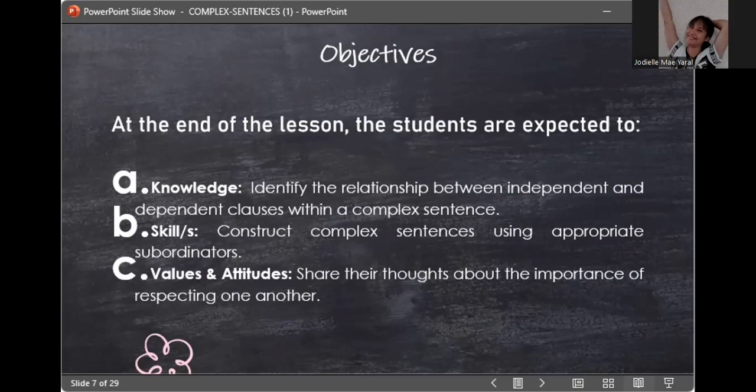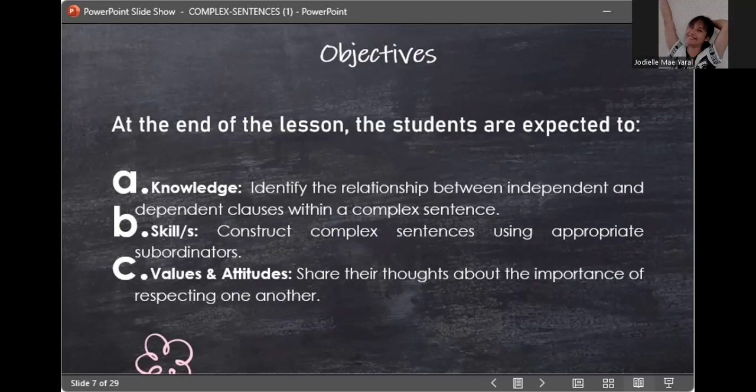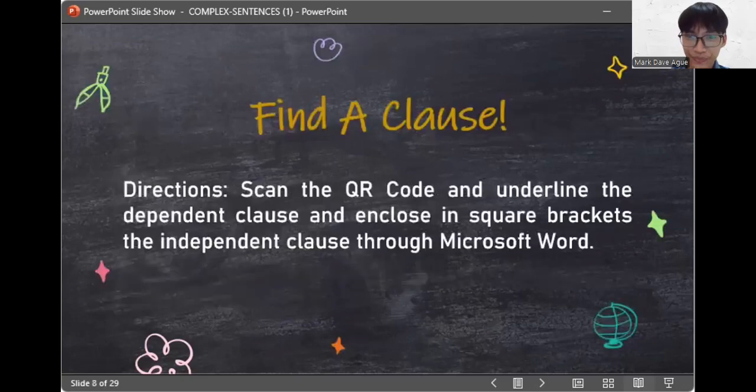B. Construct complex sentences using appropriate subordinators. And C. Share their thoughts about the importance of respecting one another. Can we attain this at the end of the session? Yes, sir. That's very good to hear.